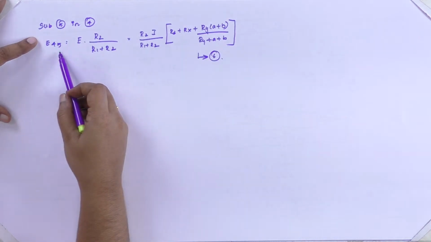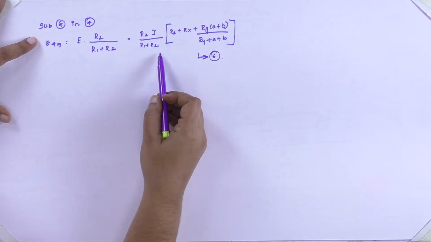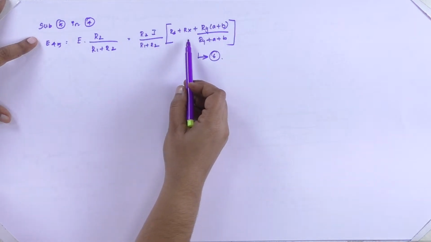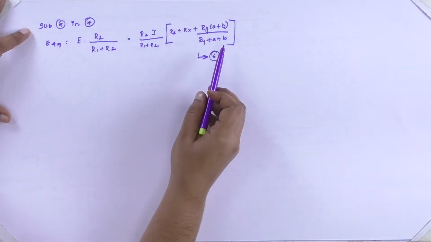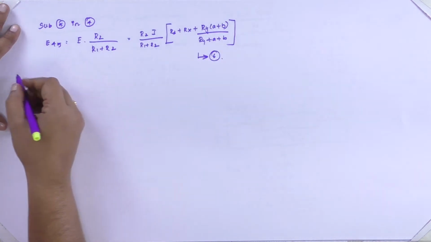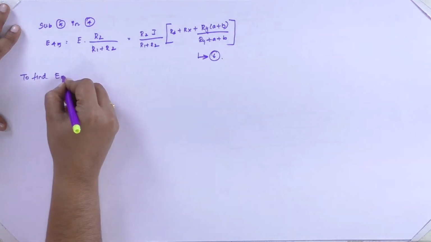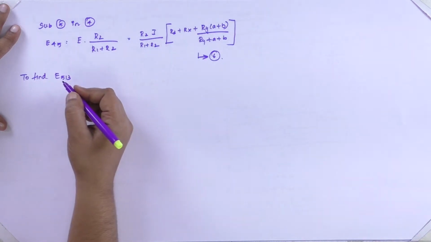Next, I have to find the value of E513, that is the potential at the nodes 5, 1, 3.